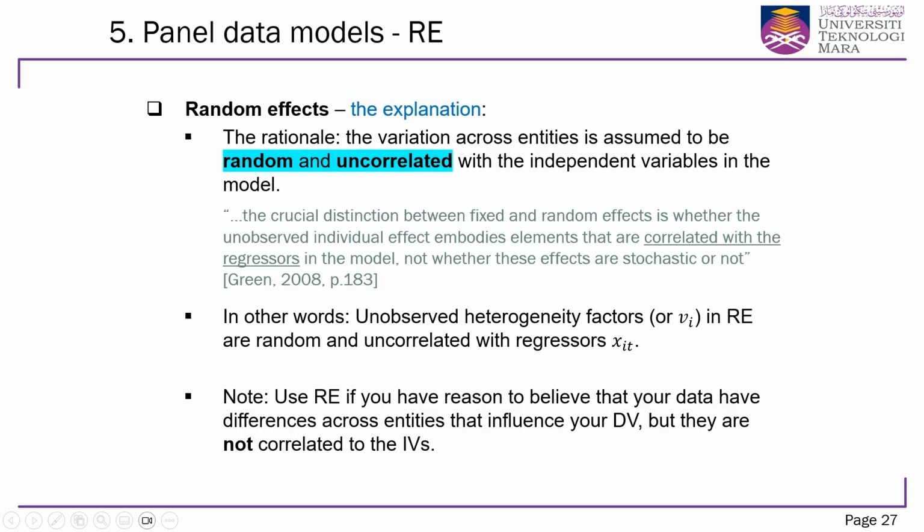In other words, this paragraph clearly shows that the fixed effect model assumes vi, or the unobserved heterogeneity factor, is present and correlated with the regressors. But in the random effect model, it is assumed to be present only and not correlated with the regressors.